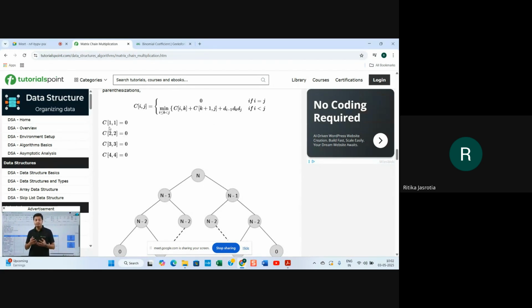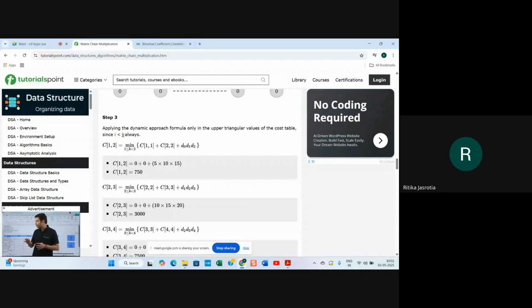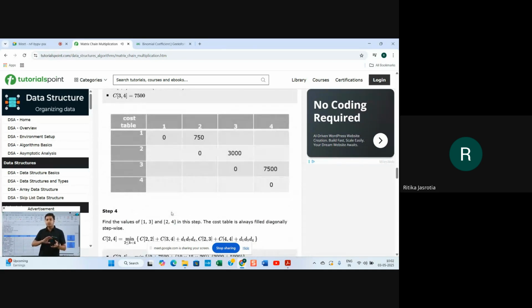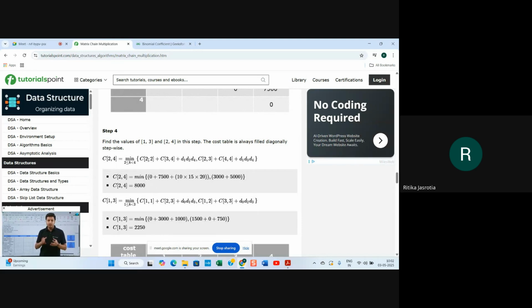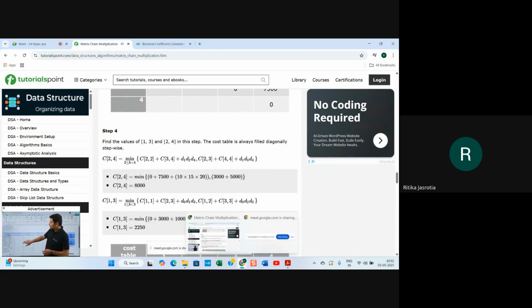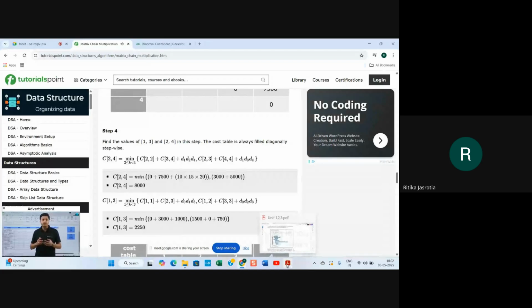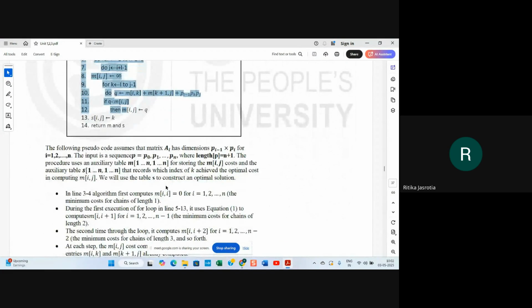First, we have seen that if i is equal to j, it will be equal to 0. Then we keep on finding for the other lengths, computing the cost of those elements and repeating according to the algorithm.